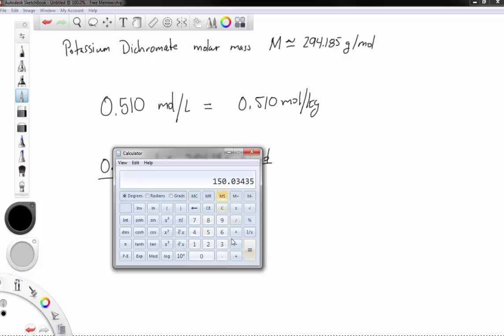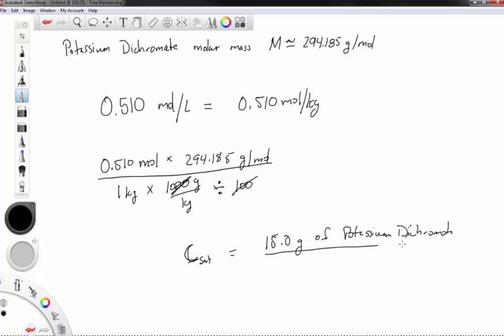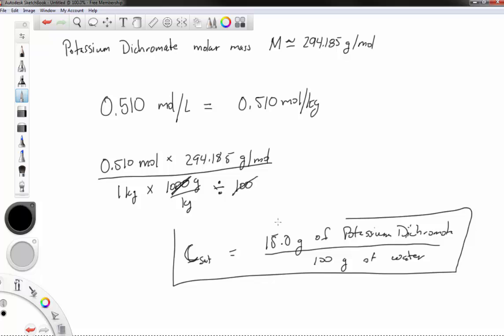So you're left with this, divide by 10, and what you get is that the concentration for saturation, I'll call it C-sat, is 15.0 grams of potassium dichromate per 100 grams of water. So that's the form that we're looking for in this lab.